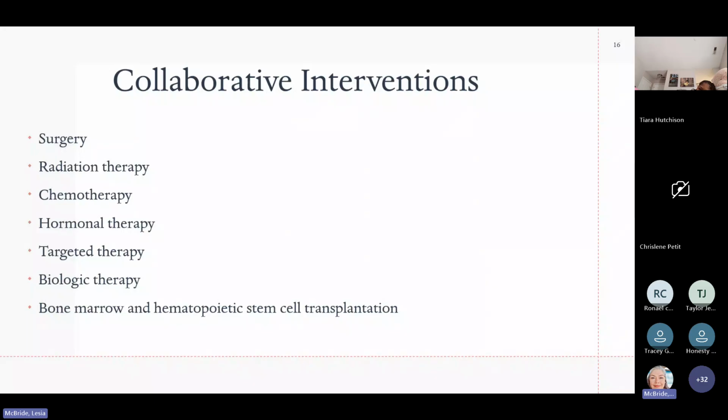There's hormonal treatment, meaning that we are cutting off the hormones a lot of times, because hormones like estrogen and progesterone can proliferate a cancer and make it grow more quickly.